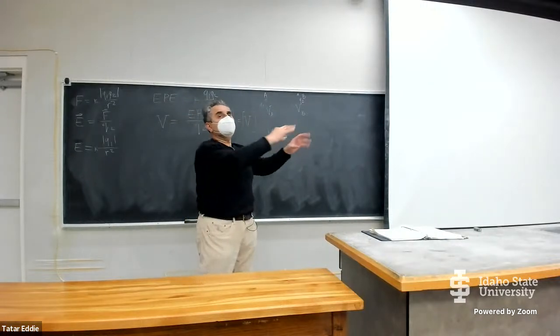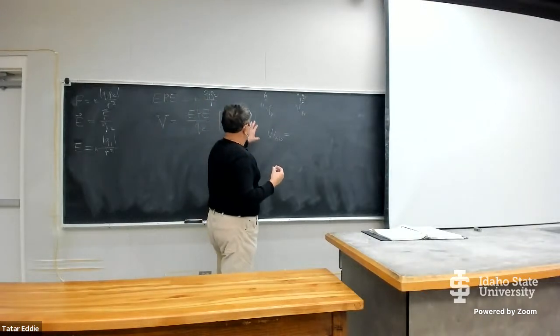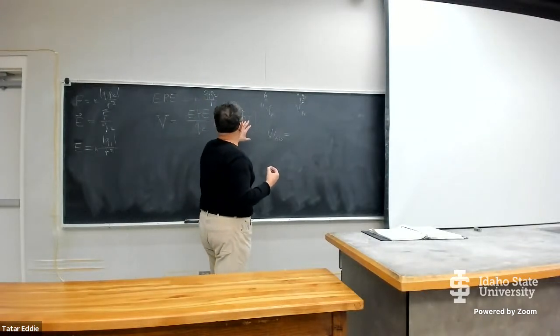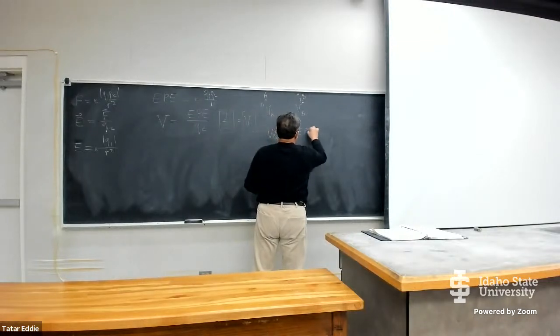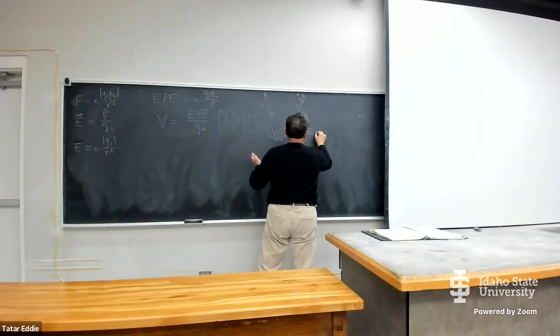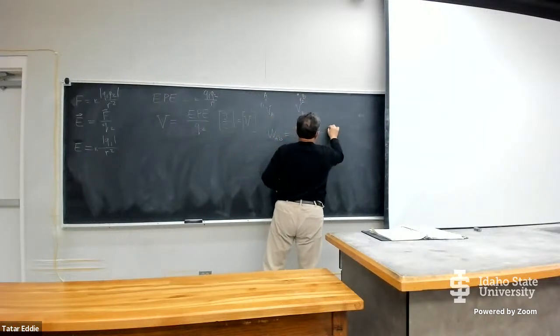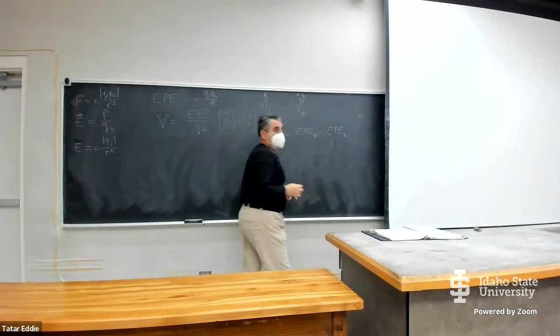Change of energy is equal to work. But change of electric potential energy is going to be electric potential energy of the system when the charge is at point A minus electric potential energy when the charge is at point B.